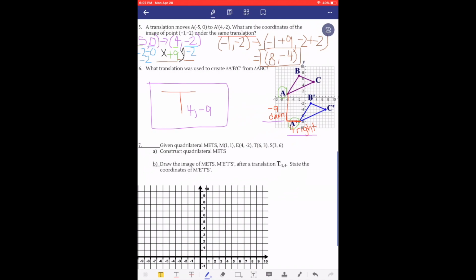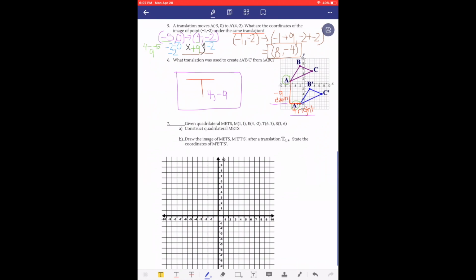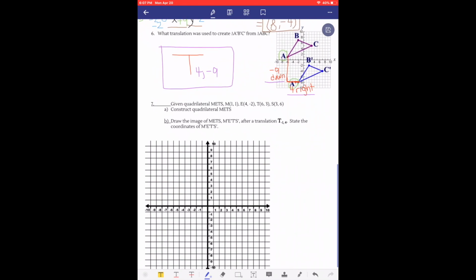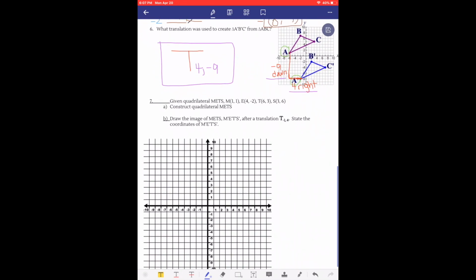And if you do the same thing with points B and C, you would get the same values. You're moving 4 to the right, and you're moving 9 down. Question 7. Given the quadrilateral METS, M1, 1, E4, -2, T6, 3, and S3, 6, construct quadrilateral METS.